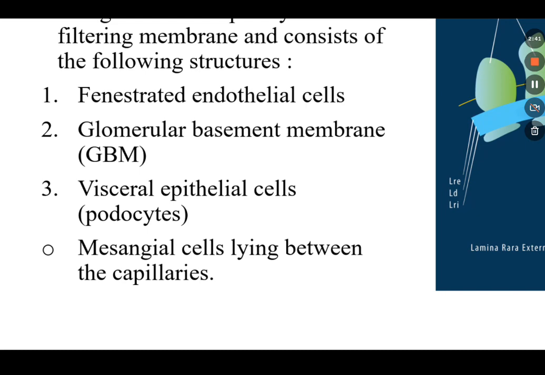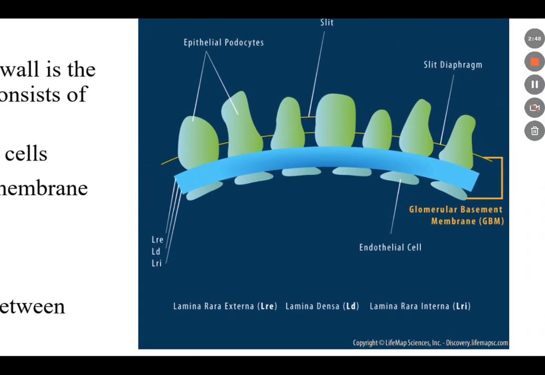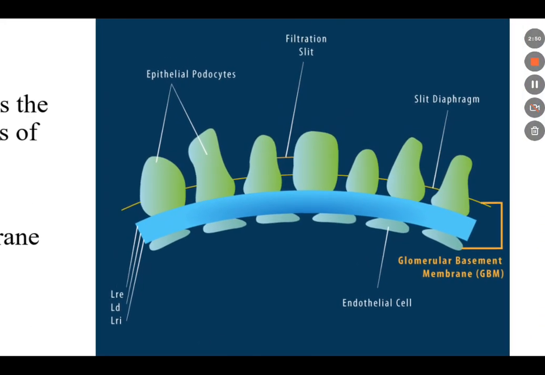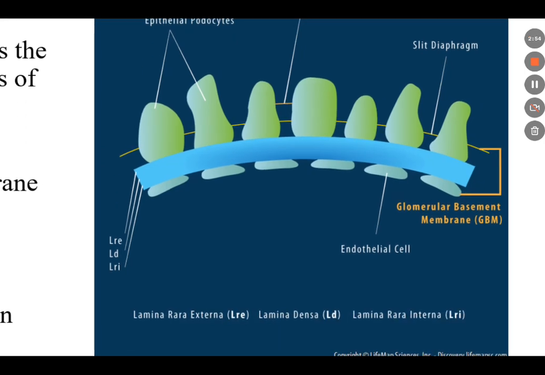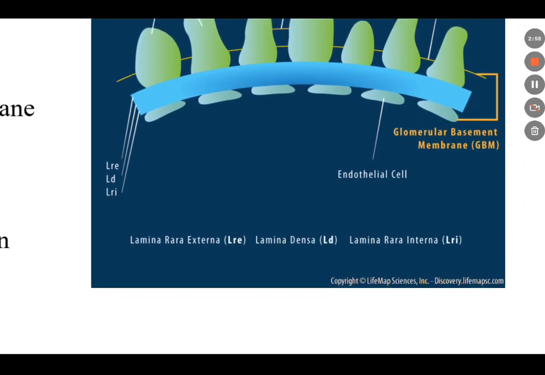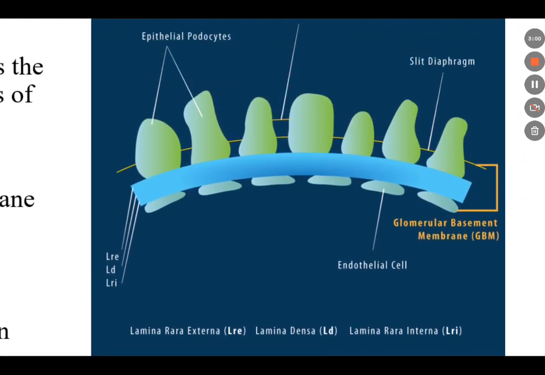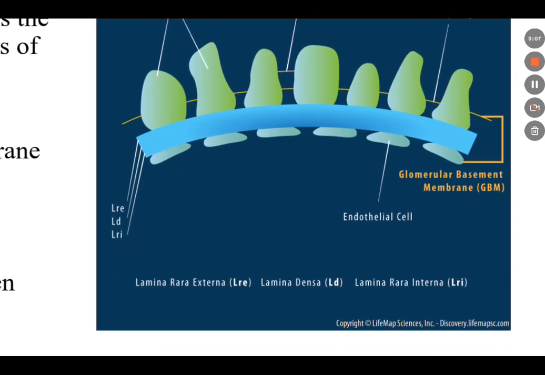Then we have the visceral epithelial cells, the podocytes, and in between the capillaries we have the mesangial cells. Now if you see, the first layer is of your epithelial podocytes, then you have the glomerular basement membrane, and the third thing is your endothelial cell.